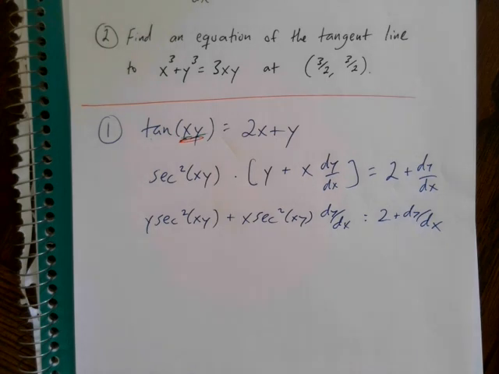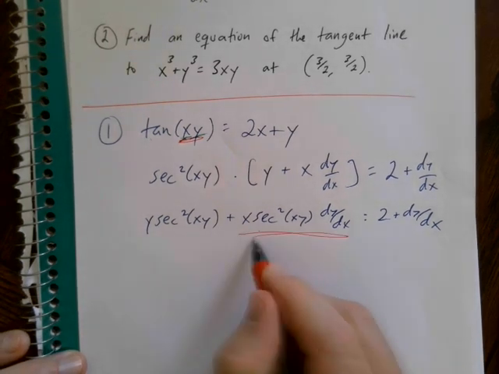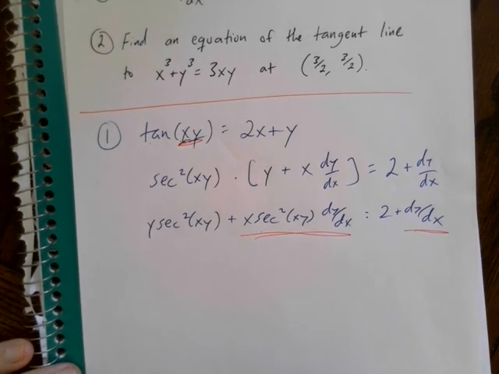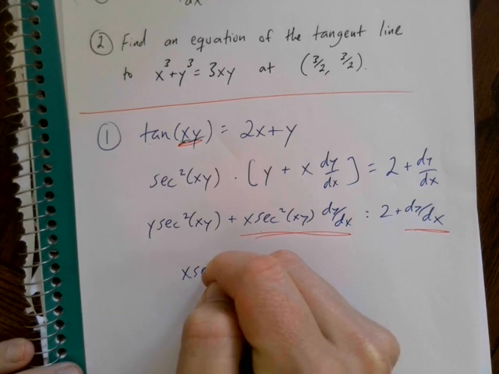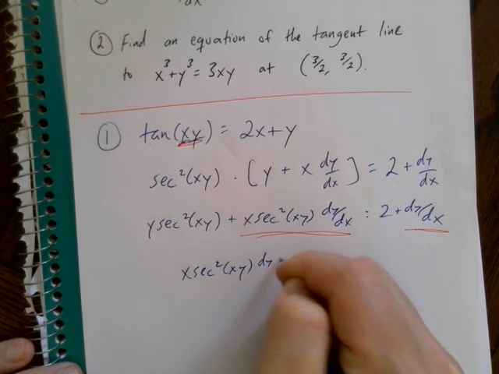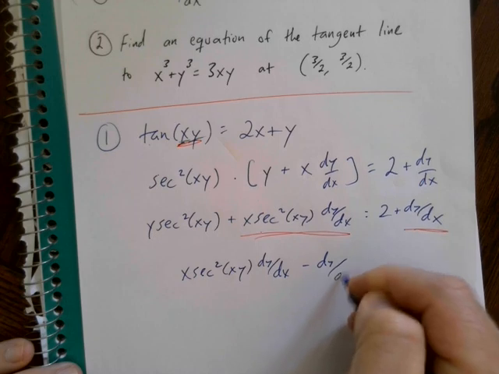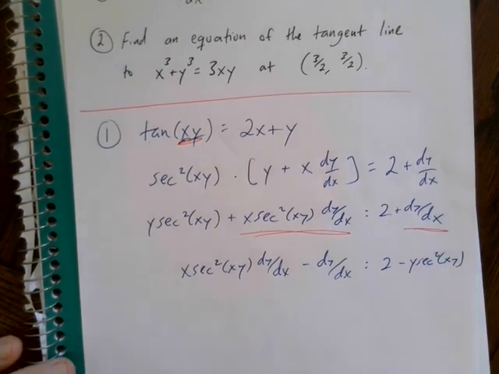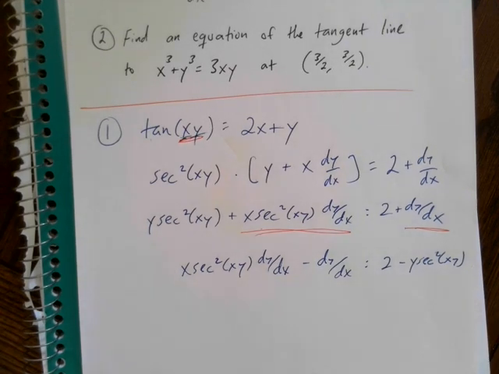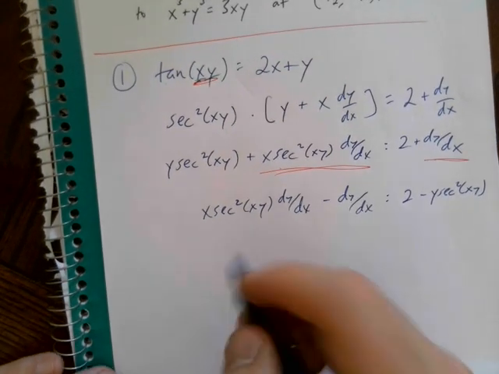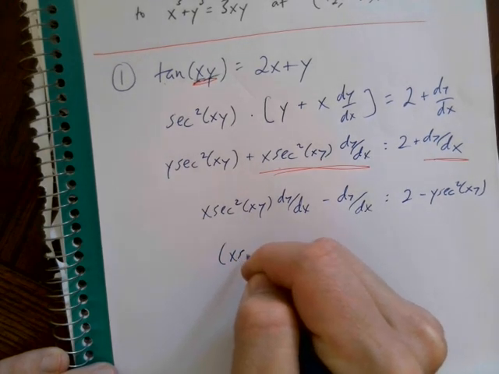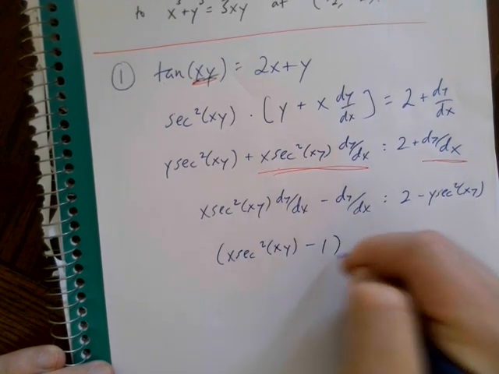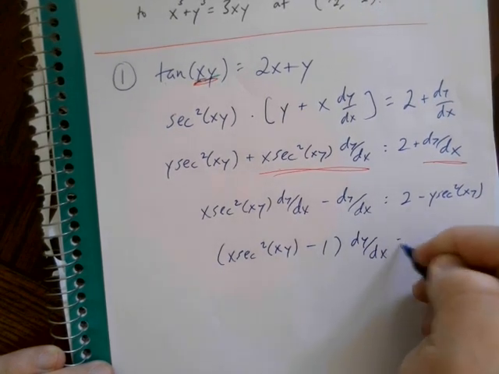We combine our dy/dx terms on the same side. So I'm going to put those on the left side of the equation, and I'll move everything else to the right side. Right, so I move this to the left side. And we factor out the dy/dx because we want to solve for it. And again, dy/dx terms always go last, so when I factor it out, it goes to the end of the expression.